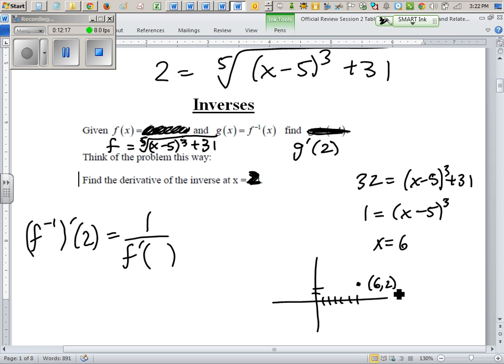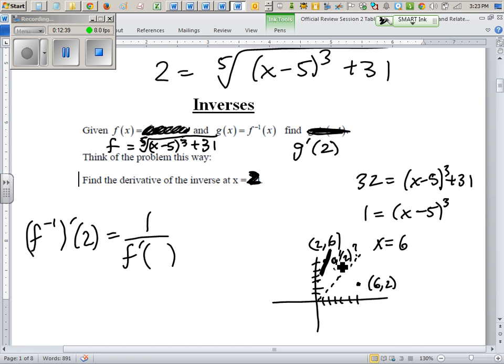See? And the function g passes through the point, of course, (2, 6). See, they're inverses. So we are able to find g prime at 2 only because we know f. We're going to go back now to f.